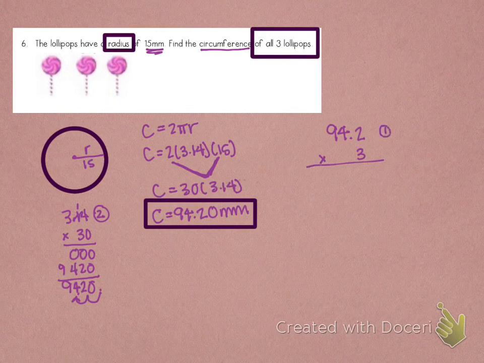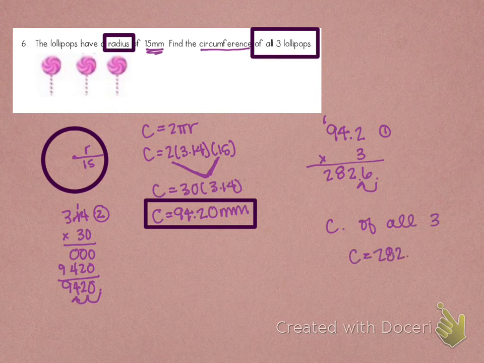That's one number to the right of the decimal. 3 times 2 is 6. 3 times 4 is 12. 9 times 3 is 27. Plus 1 is 28. And then we're going to go in one time. So circumference of all 3, C equals 282.6 millimeters. Again, that is for sure on your test tomorrow.